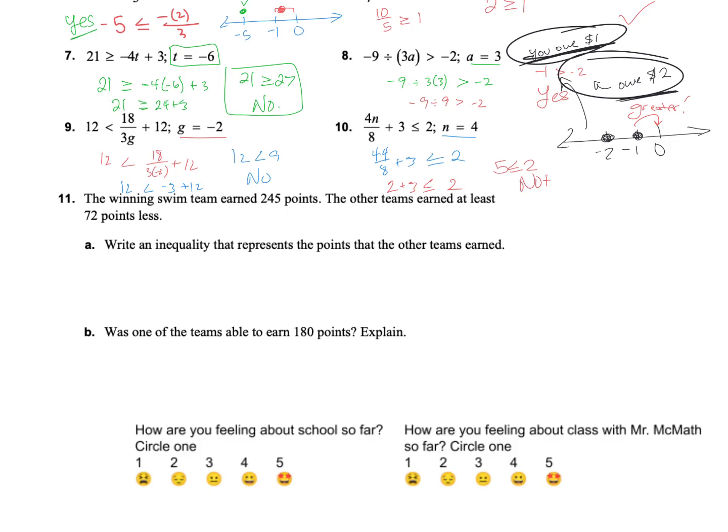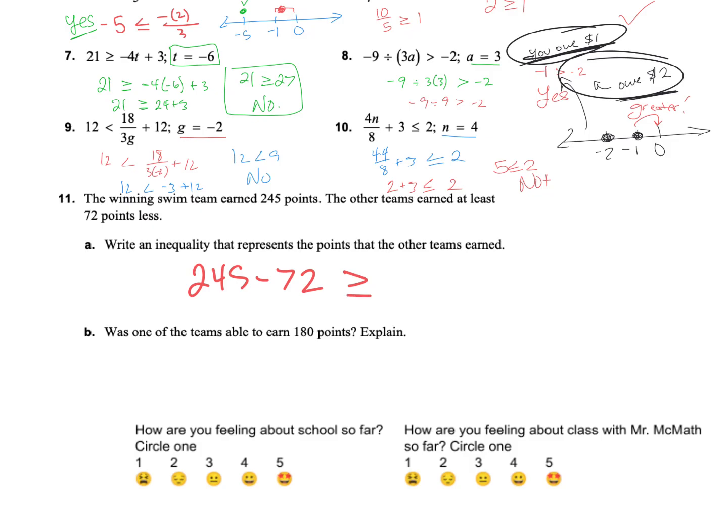Okay, so this one right here kind of bugs me because I know what the answer looks like, but here's how I want to write it. The winning team has 245. The other team earns 72 points less. So I'm thinking they earned at least 72 points less.